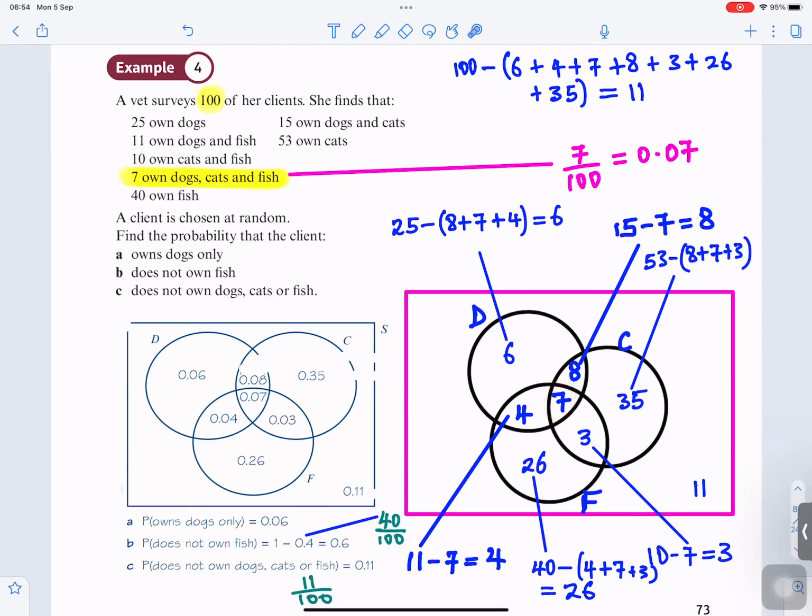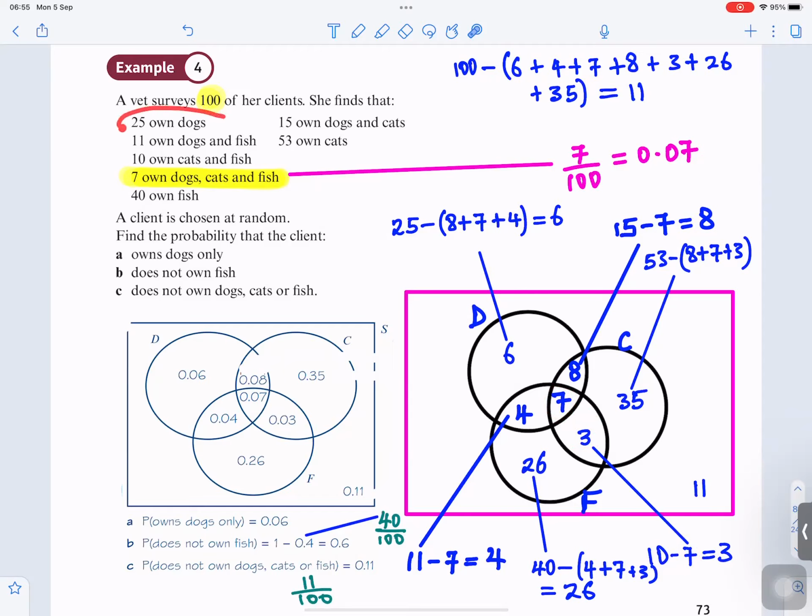So there's 4 between dogs and fish. And 10 own cats and fish. So for cats and fish, this part should be 10. But if we have 7 there, 10 minus 7 gives you 3. So there's 3 in there.